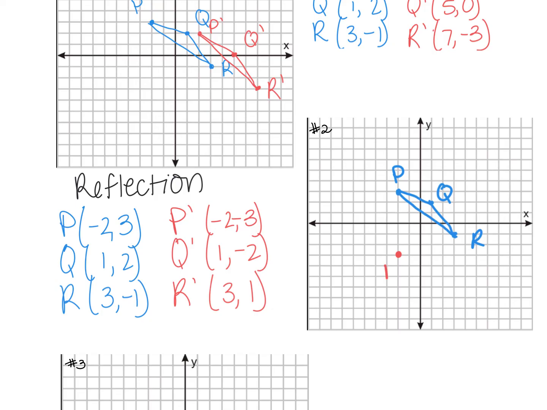I'm going to then get (1, -2). And then R is (3, 1).